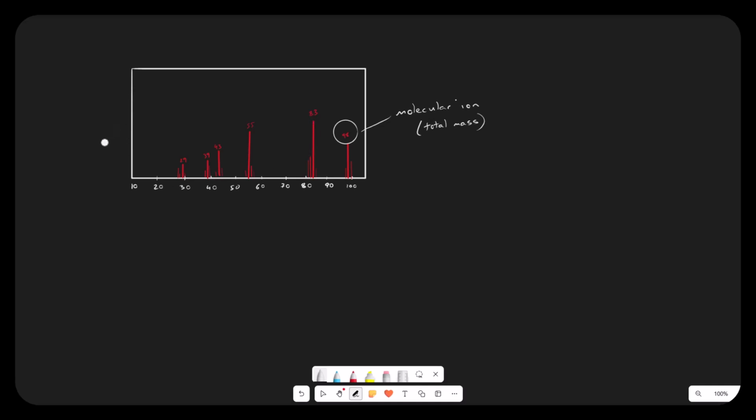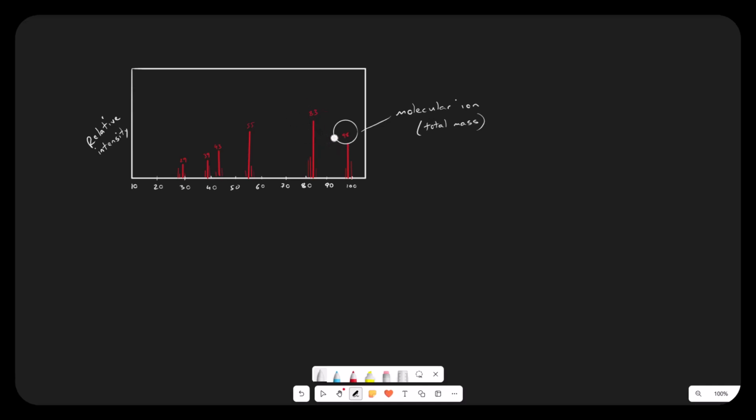And this scale over here is usually a relative intensity, which means that a high signal here is more prevalent. It's a more likely situation. So the most likely thing in here is that I cut off 15 AMU and I'm left with 83.